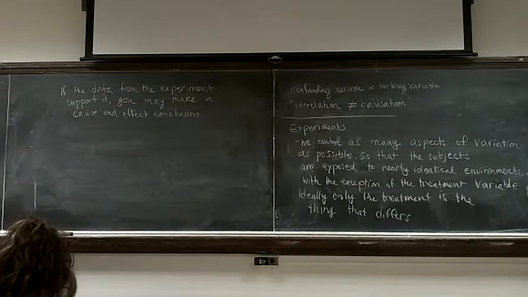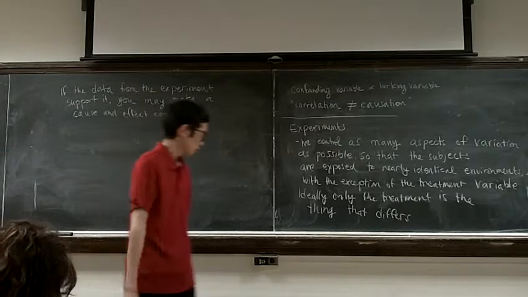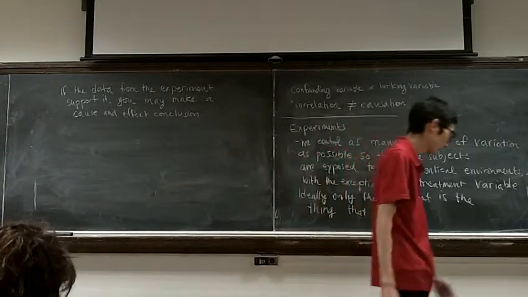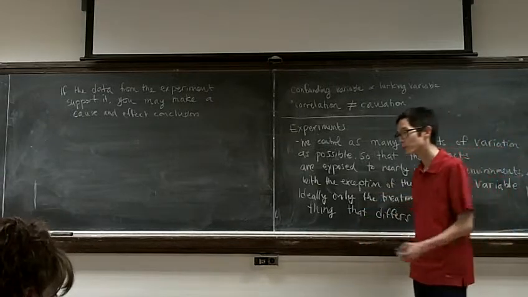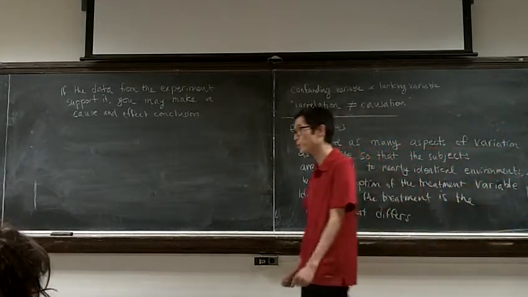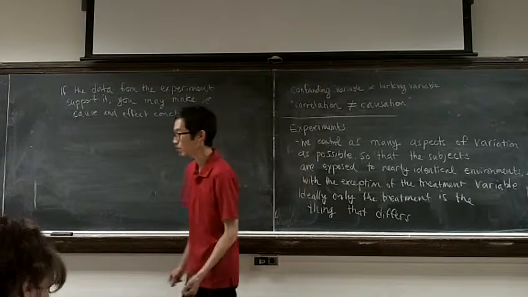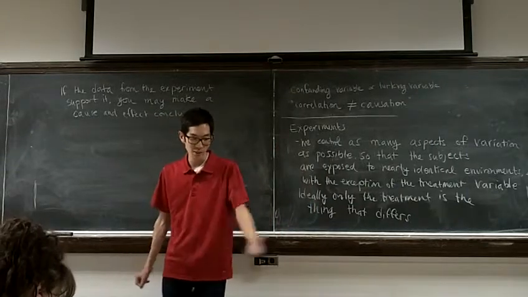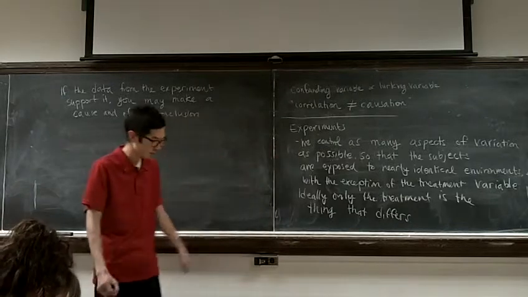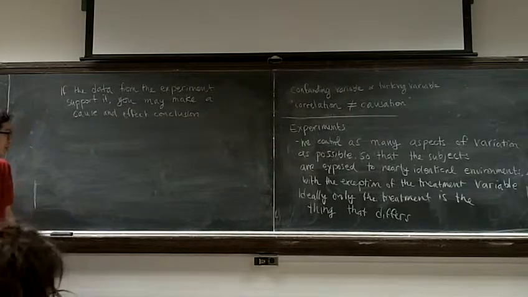So in experiments, we use placebos, because if we're going to give people drugs, we also know there's this placebo effect, where whenever people receive something, there's a psychological thing that somehow affects results. We don't fully understand how it works, but it does.